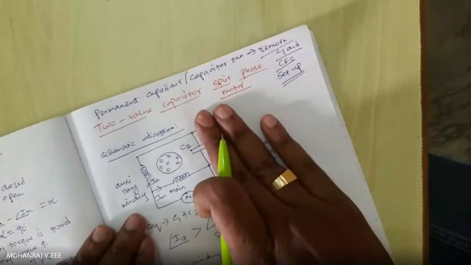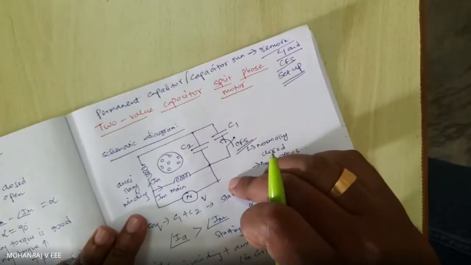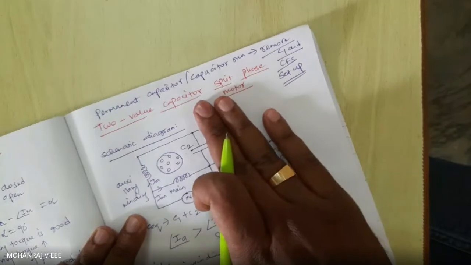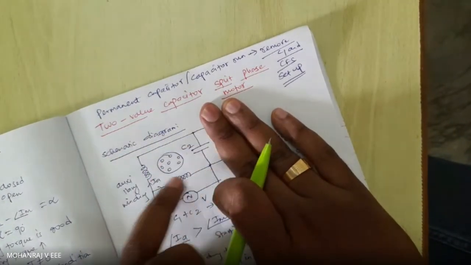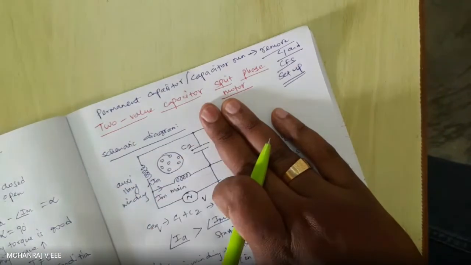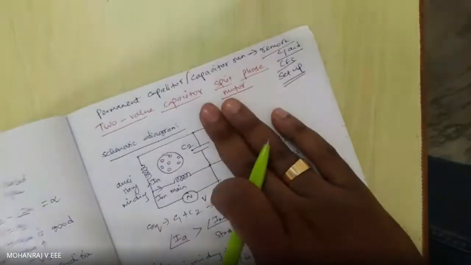So you should remove this. In your permanent capacitor split phase motor, you should remove C1 and CFS setup. So the schematic diagram will be this alone, where you have your auxiliary winding, your main winding, and your C2. You don't have any CFS, that is centrifugal switch.